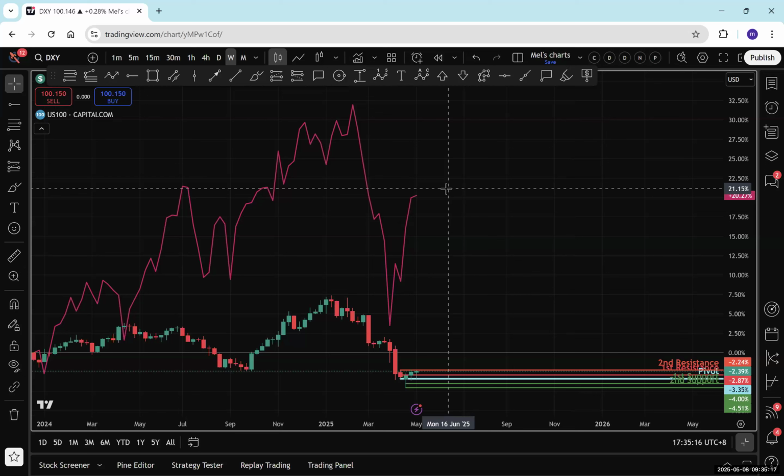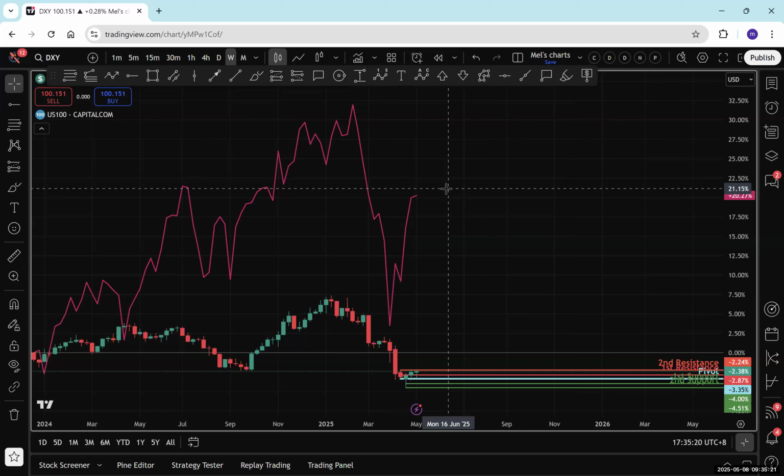So this can pressure earnings and then in turn it can decrease stock prices. They're also quite sensitive to interest rates. So a stronger DXY would reflect expectations of higher US interest rates. That can negatively affect growth in tech stocks since there are higher discount rates on future earnings.